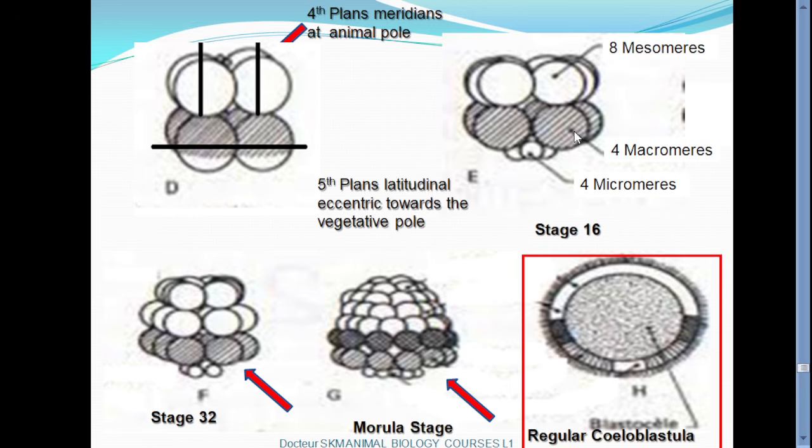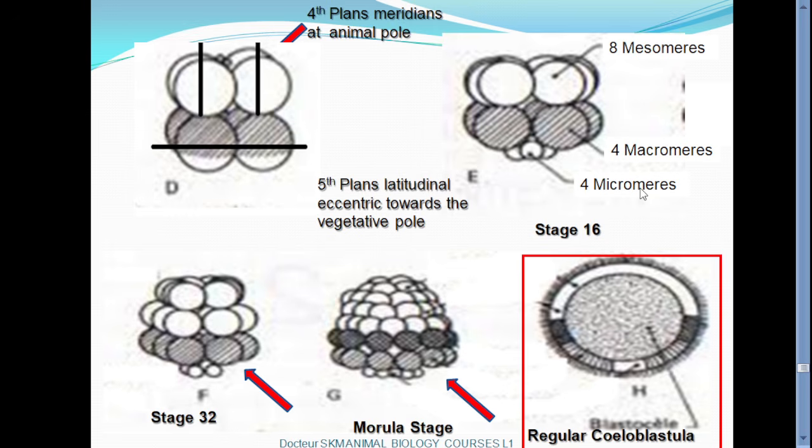There are 4 macromeres, which means 4 big cells, and 4 micromeres, which means 4 small cells. At the end we obtain 16 cells: 8 mesomeres, 4 macromeres, and 4 micromeres.